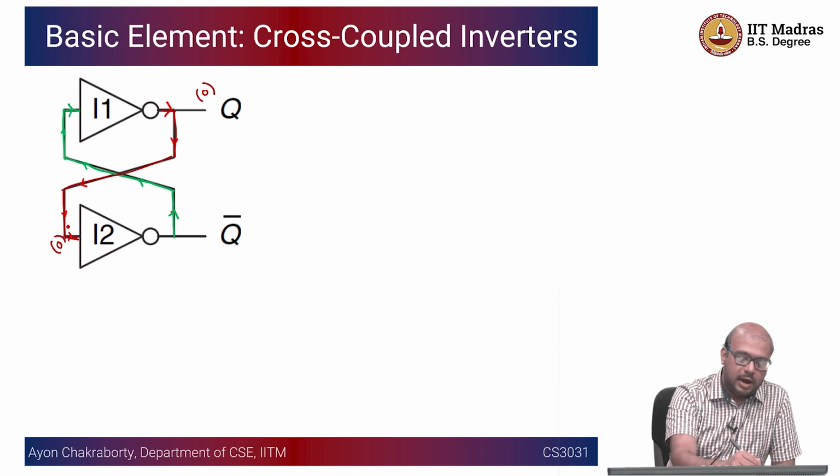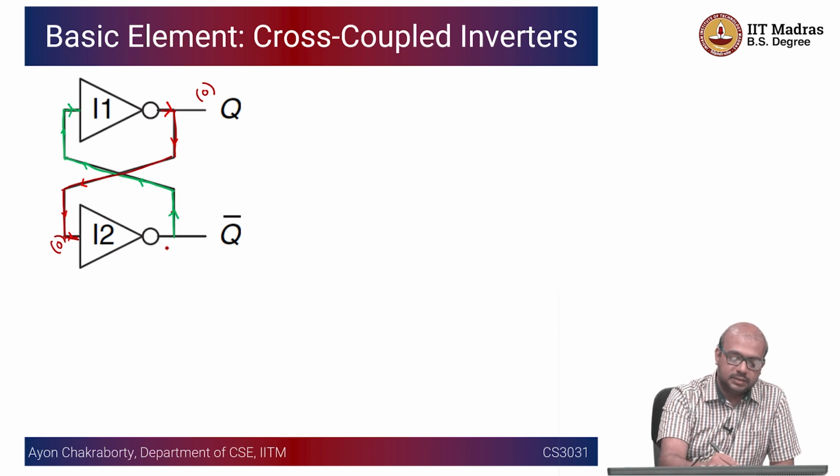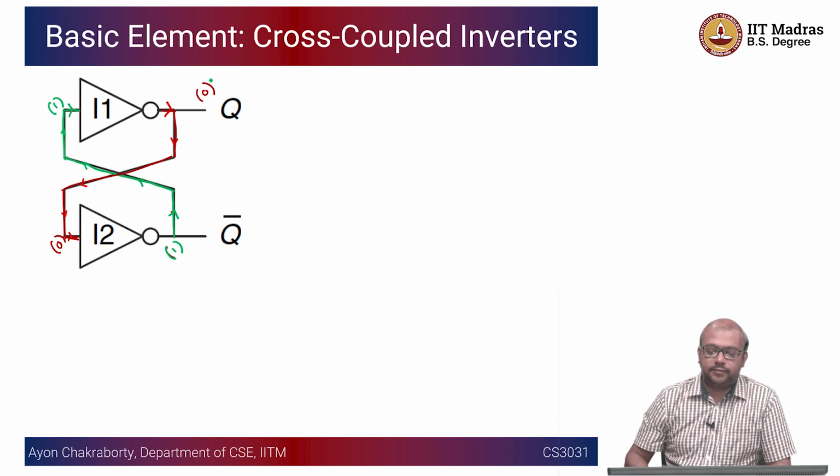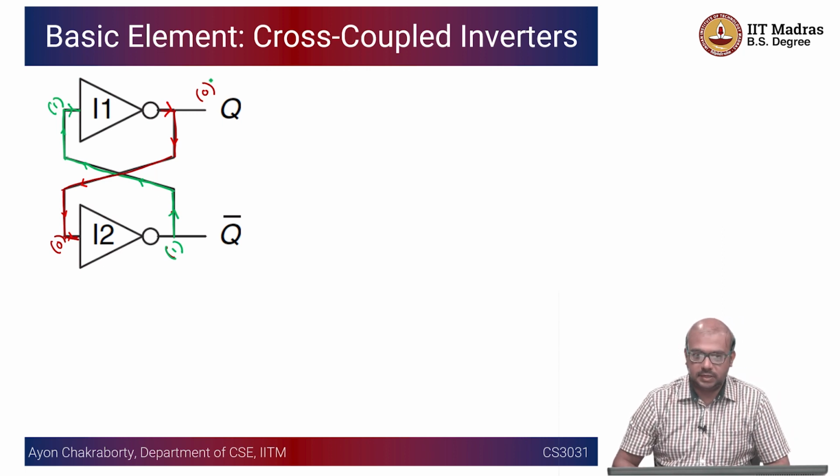So the input to L2 is now going to be 0, and this is now going to be 1. I'll just use this green color. This is going to be 1. This is again going to be 1, and it inverts, it is going to be 0. So if Q is equal to 0, you can see that Q bar is going to be 1 and nobody complains, right? Things are stable.